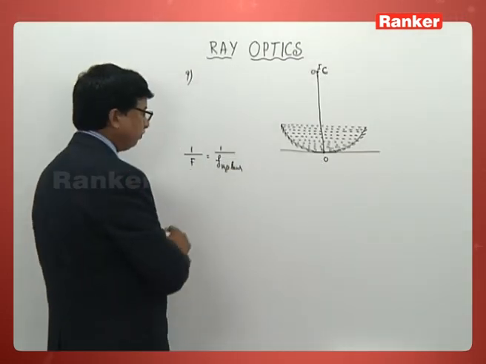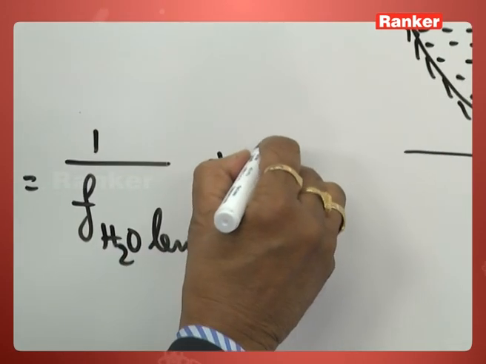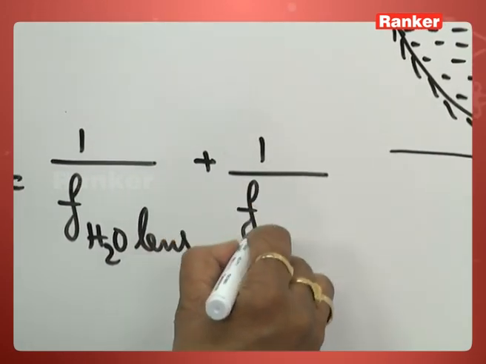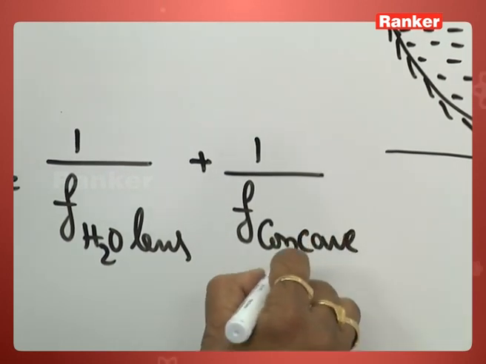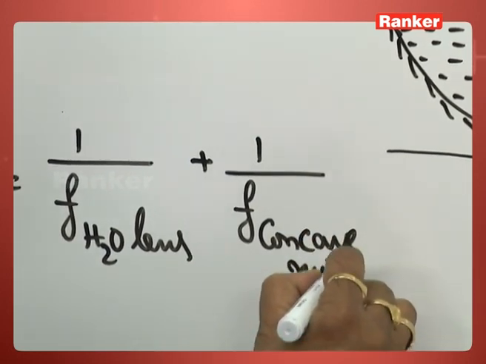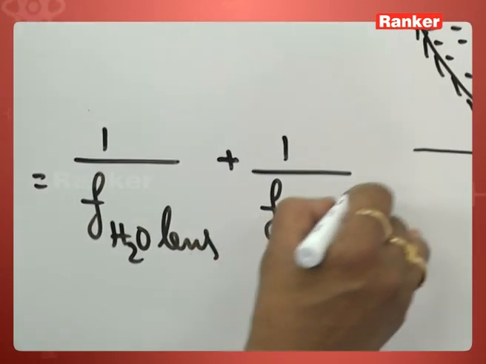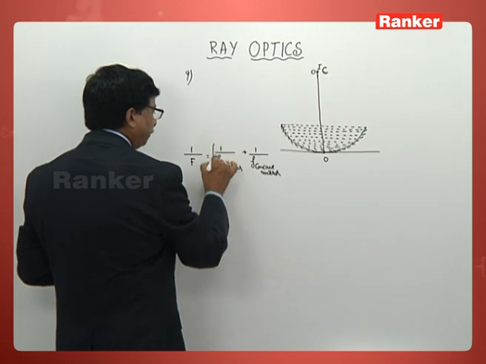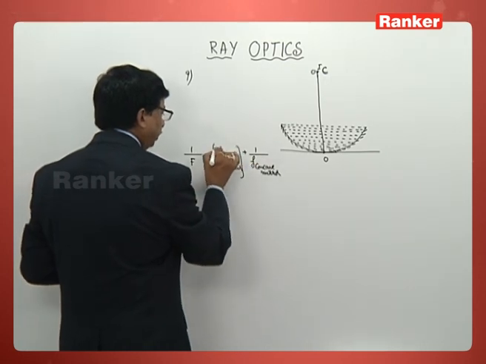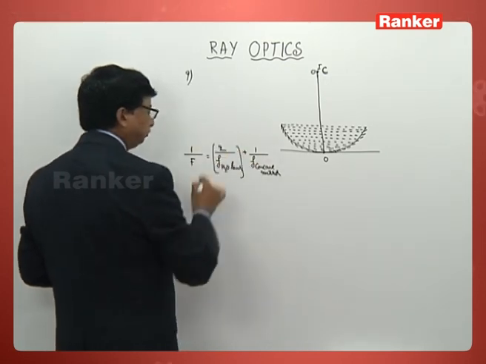Observe carefully. Plus 1 by focal length of concave mirror, plus again 1 by focal length of water lens. That means I can write this one twice.